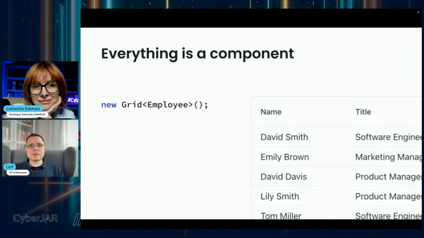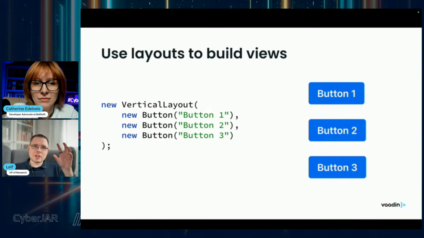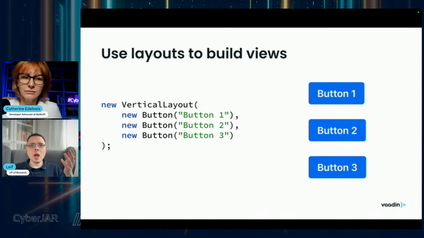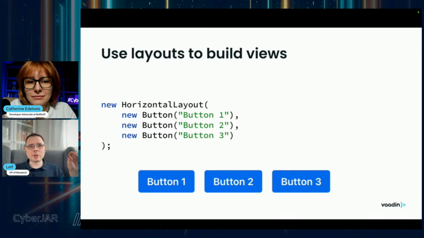Now, the next thing is a grid doesn't make an application. You want something more also. You want to put things together into some bigger pieces. So for that, Vaadin also has different kinds of layouts. Maybe the most basic one is the vertical layout, so one button on top of each other in this case. There's also horizontal layout, so side by side instead, horizontally.